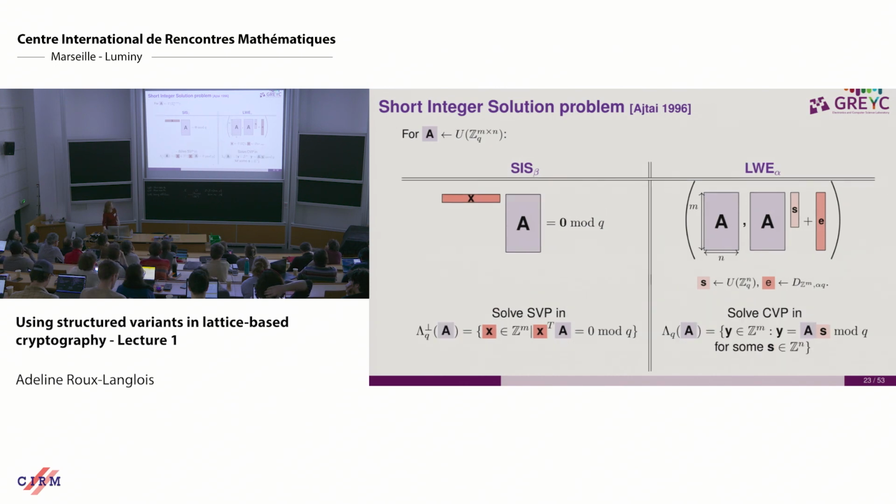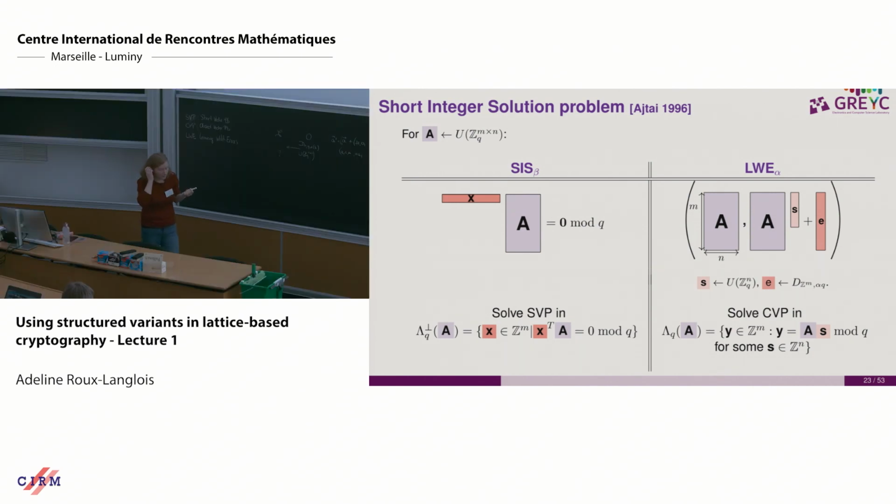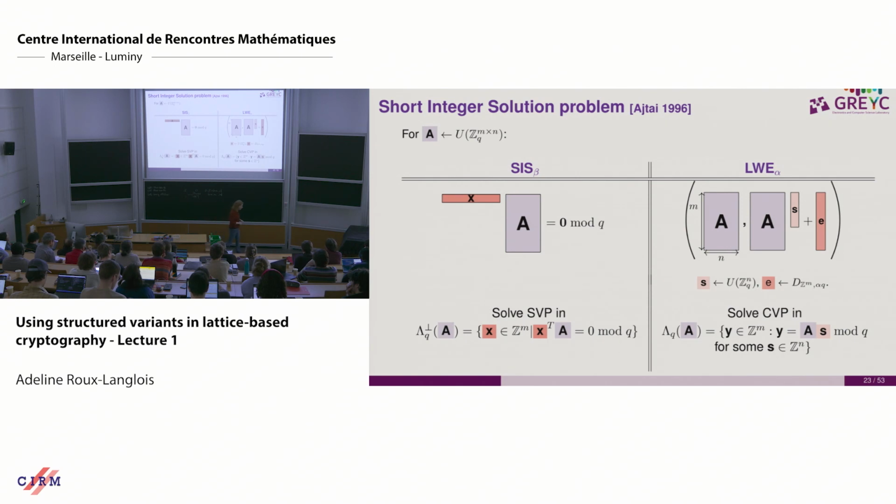And the intuition is, why is it hard to solve those two problems? The first one, SIS, is exactly finding a short vector in a particular lattice. So this one: all the x in Z to the m such that x times A equals 0 mod q.